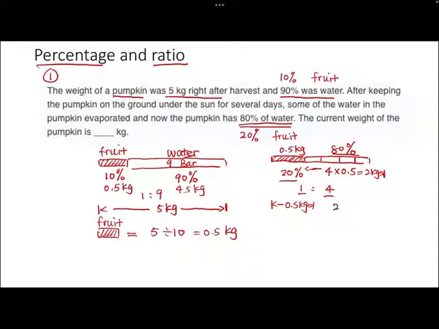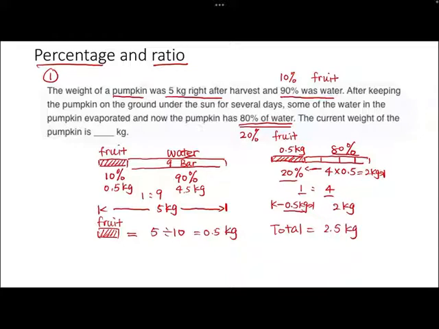But from 10%, now this one has increased to 20%. So immediately we know the water will be 80%. In other words, 20% to 80%, the ratio is going to be 1 to 4.